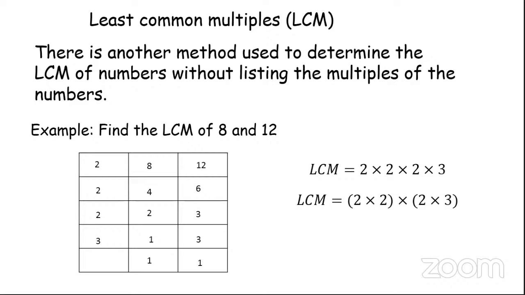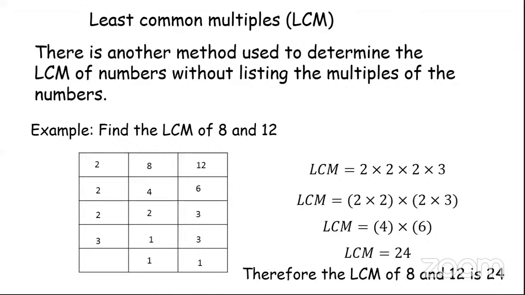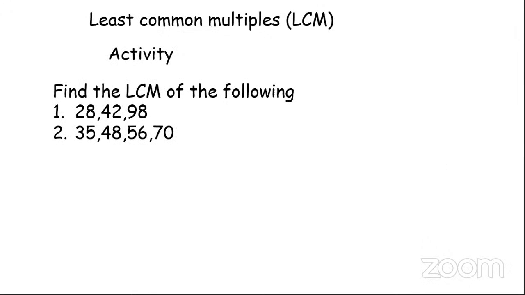So 2 times 2 gives us 4, times 6, and our LCM is 24. Therefore the LCM of 8 and 12 is 24. So we can do this using the ladder method.